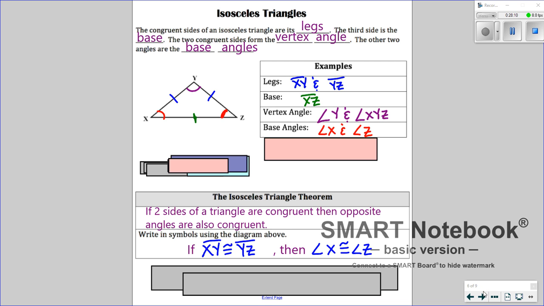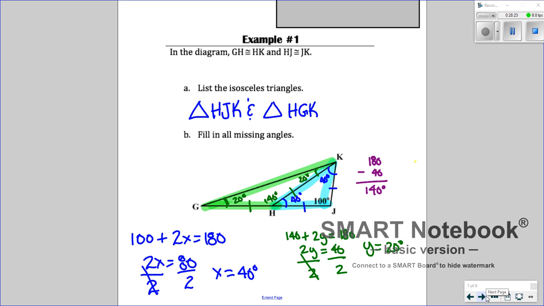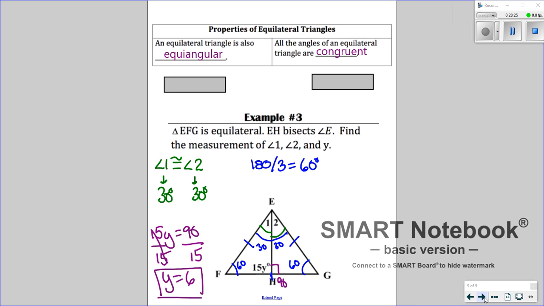If there are 2 congruent sides, then the base angles have to be congruent. If the base angles are congruent, then their sides are congruent. And that's basically the isosceles triangle theorem and its converse. And we learned the properties of an equilateral triangle. It is also called equiangular. That means all the angles are congruent and the sides are also congruent.